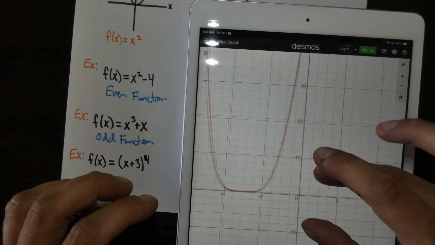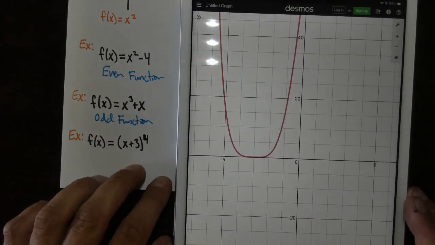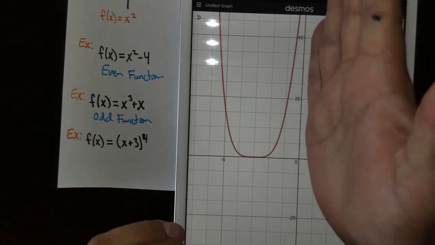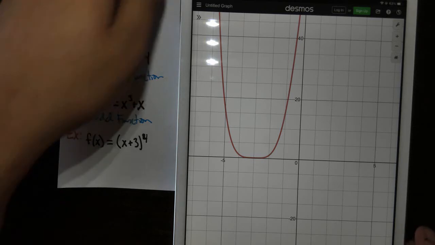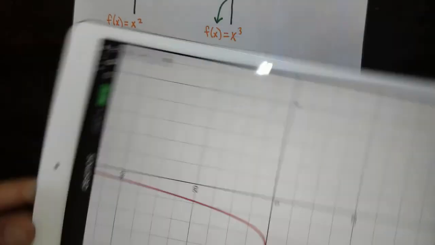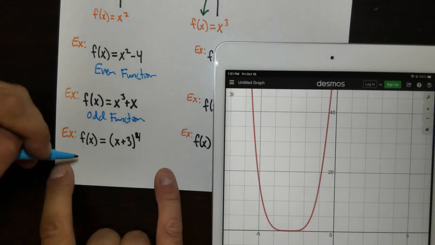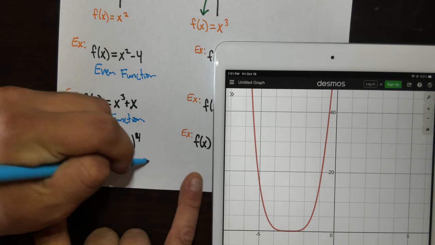And looking at this function, right away we can tell that this is neither even nor odd because the y-axis is right here, and it's not the same on the left as it is on the right. Also, if I were to turn this upside down, we can clearly see that it's not the same. It doesn't line up with itself. Therefore, this function is neither even nor odd.